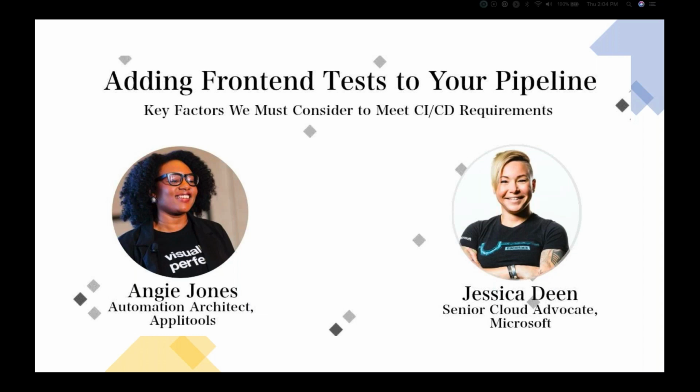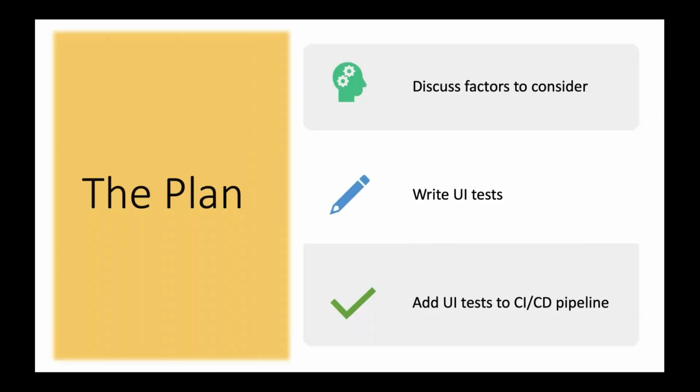So Jessica and I are going to hack out some web UI tests, and then we're going to add them to a couple of different CI pipelines. So the plan for today is to discuss the main factors that should be considered when we're developing these automated UI tests for continuous integration, continuous deployment, also known as CI/CD.